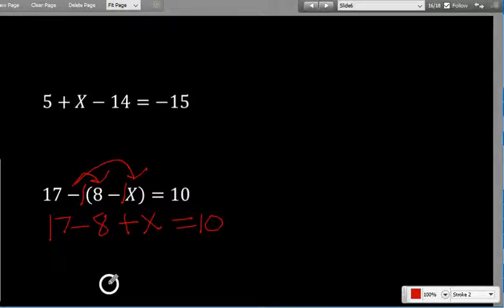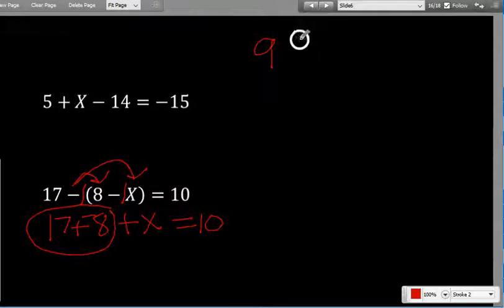And you guys, we are not done simplifying yet. We're not done simplifying because we can combine 17 and -8. So 17 plus a -8 would be 9. So now we have 9 plus x equals 10.